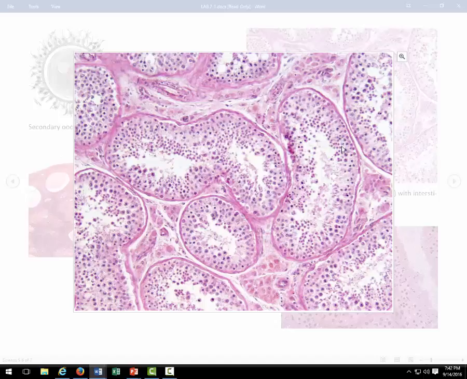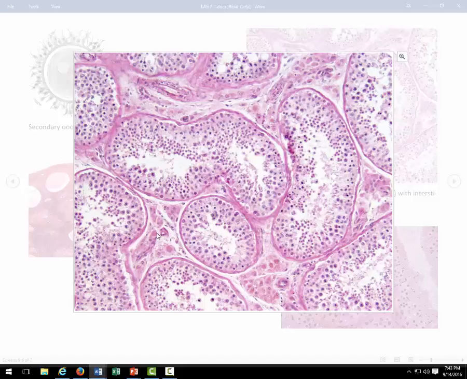And then if I go in the middle here, these might be secondary spermatocytes, but it's really hard to see if they're secondary or primary. But we can, with a reasonable degree of confidence, say that these are the spermatogonium on the edge. These are the spermatids on the inside lining, and if they have a tail attached, then they would be spermatozoa, at the very end of that development.